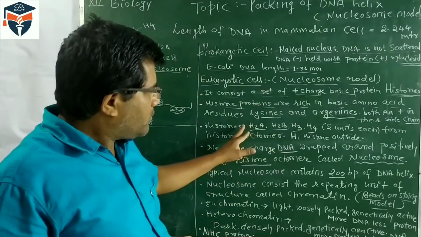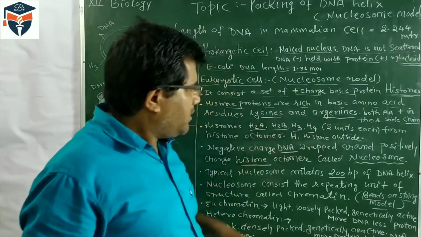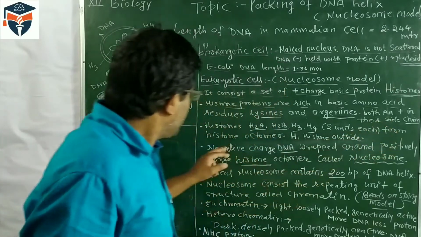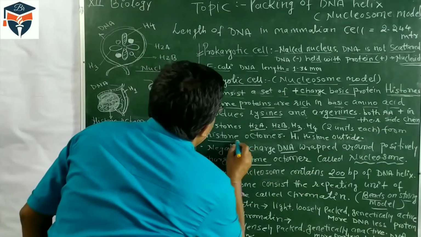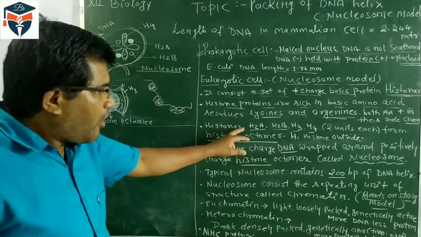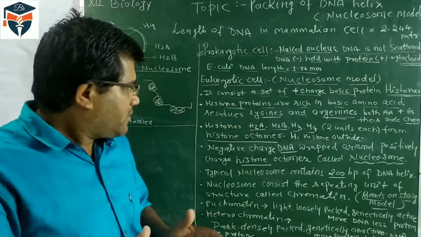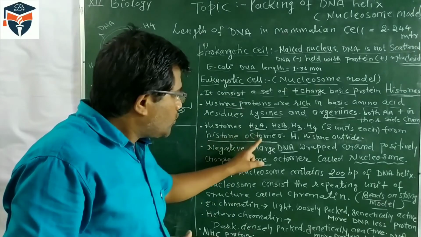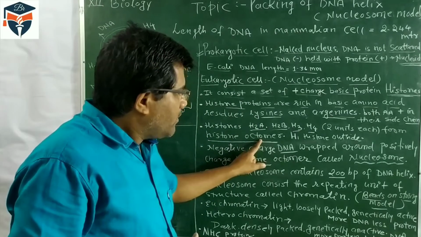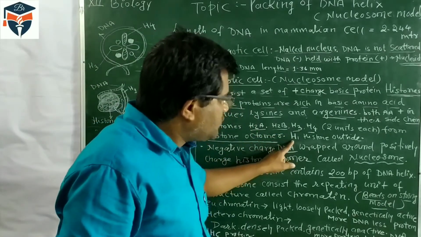There are 4 proteins, but 2 units of each. They form the histone octamer. It means all 4 proteins having 2 units each make a total of 8, and they form the histone octamer. And one more protein is H1.